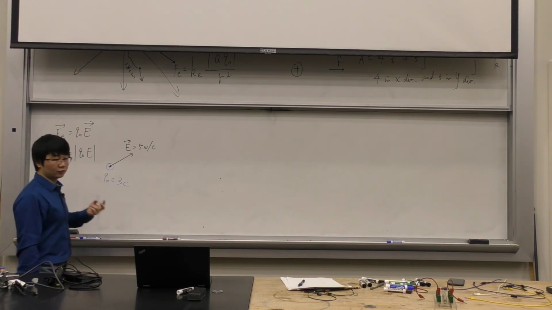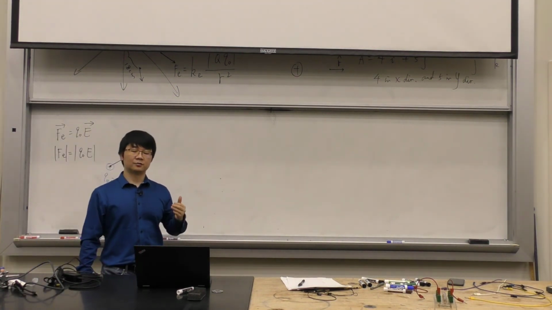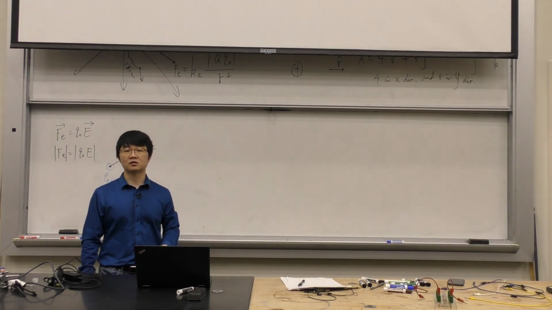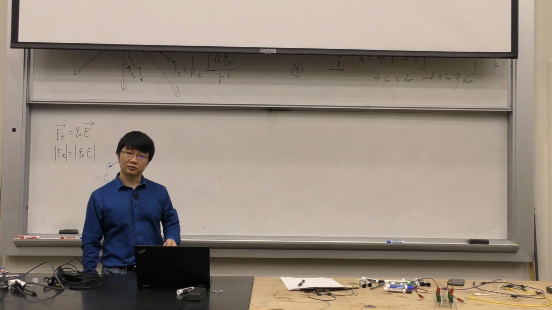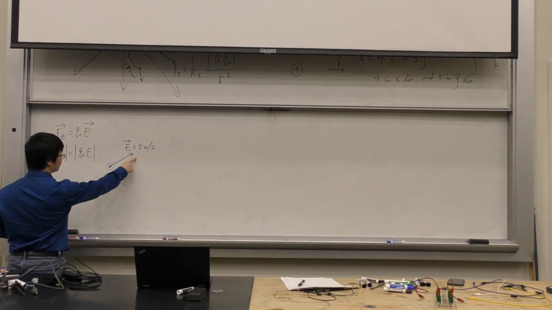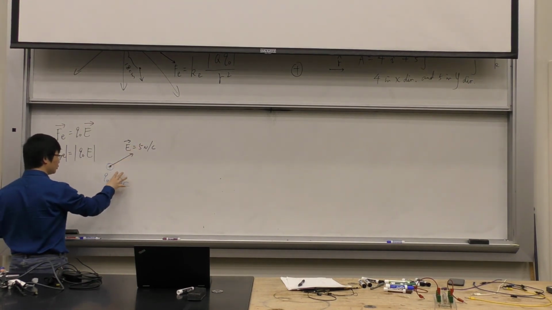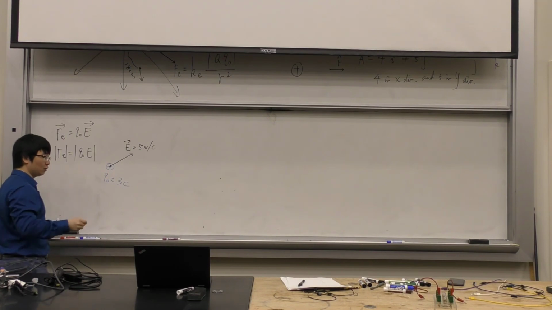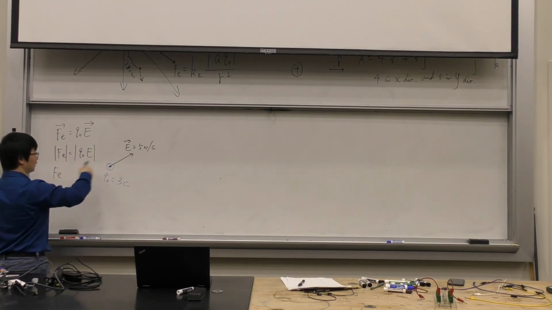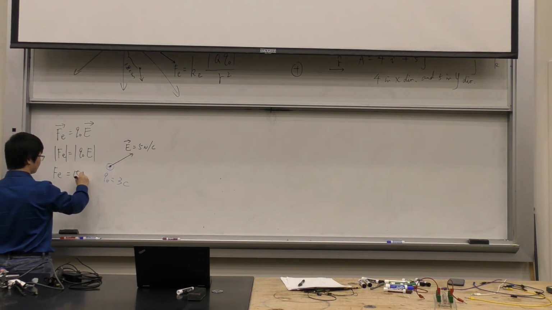And the force only has two options. It's going to be the same as the electric field if the test charge is positive, and opposite to the electric field if the test charge is negative. So that means if you tell me the electric field at this point is 5 newtons per coulomb in that direction, and you place a 3 coulomb test charge here, you want me to find the force for you, I would multiply them together: 15 newtons.